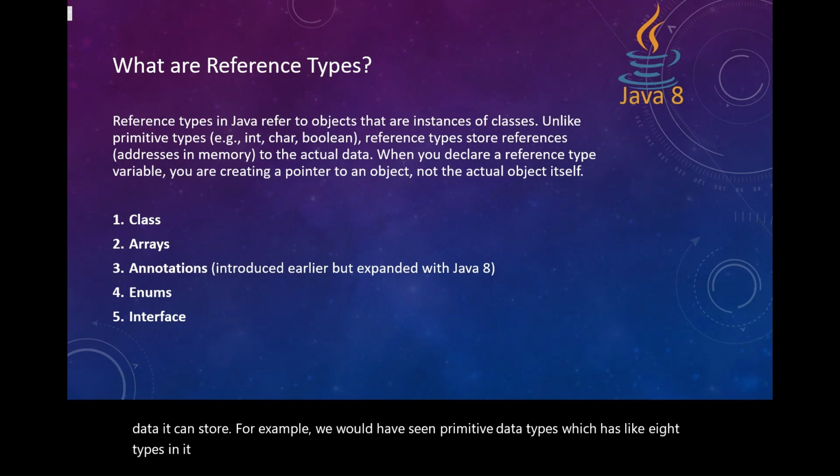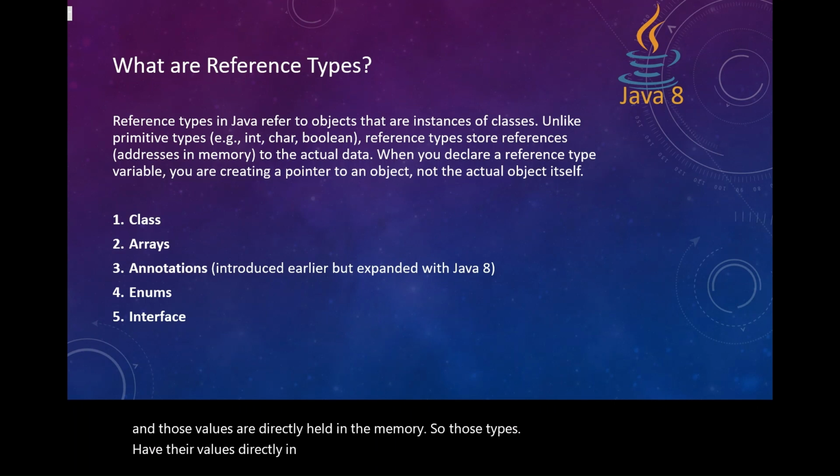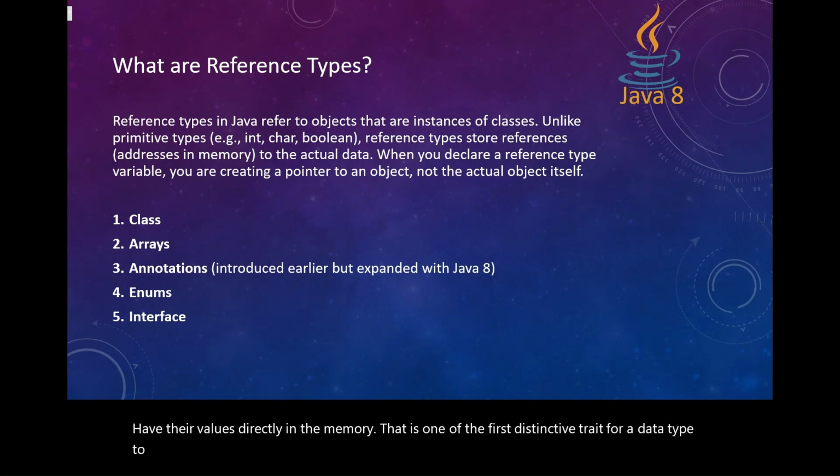And why they were called primitive is they hold the values in them, and those values are directly held in the memory. So those types have their values directly in the memory. That is one of the first distinctive traits for a data type to be a primitive.